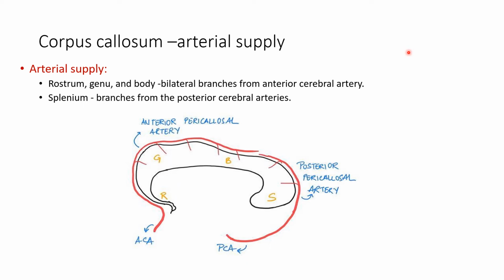Whereas the splenium is supplied by branches of the posterior cerebral arteries, known as the posterior pericallosal artery. We should know about the blood supply of the corpus callosum because of the possibility of infarcts of the anterior cerebral artery and posterior cerebral artery affecting its blood supply.